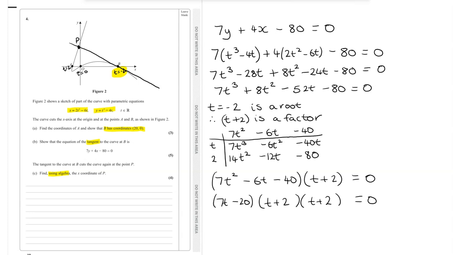The one we're looking for is this other one here, so I'm looking at 7t minus 20 equaling 0. So t is going to be 20 over 7. And then you can just plug that value of t back into your x equation.